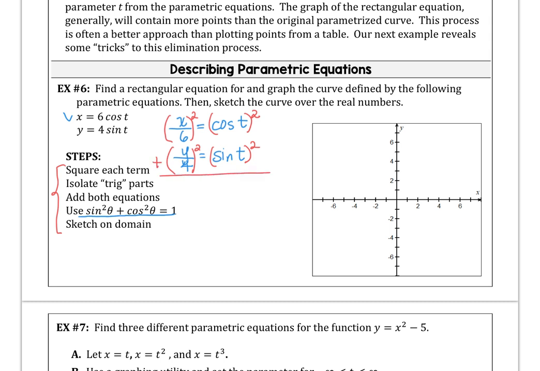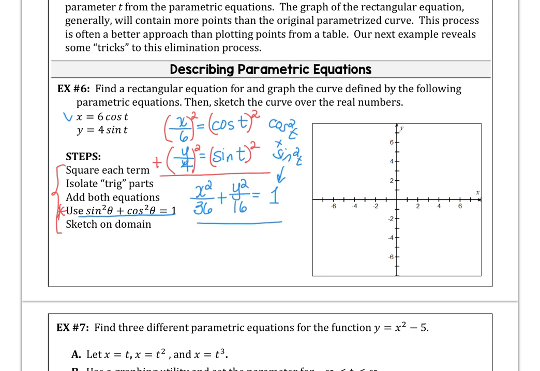We end up with x squared divided by 36 plus y squared divided by 16 is equal to cosine squared plus sine squared, which is 1. So we're using that identity here in our steps or our hint. So what does that give us?